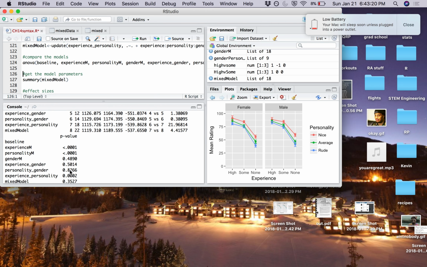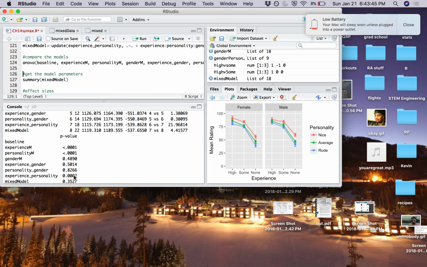And then the next model is experience and personality, and this tells us that there is a significant interaction between experience and personality, indicated by the p-value here. And the interaction adds 4 degrees of freedom because it's made up of the 2 variables, each coded with 2 contrasts. So experience and then personality, 2 by 2, and that's 4 degrees of freedom.